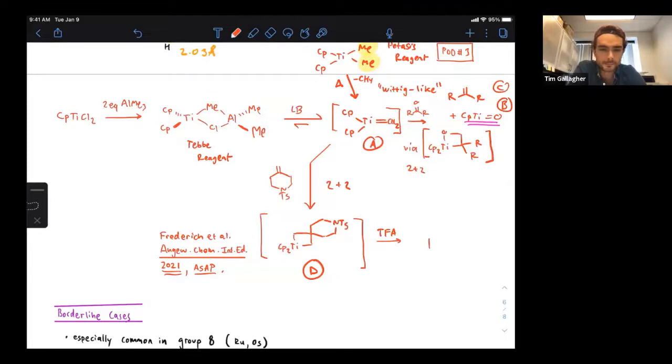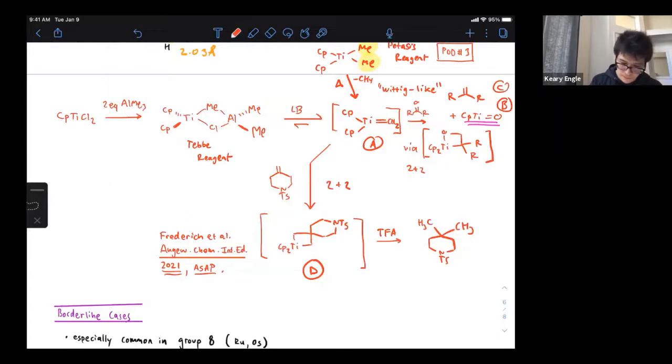Oh, would it just make the geminal dimethyl? Very good. So we have these two getting doubly protodemetalated. And then what would the byproduct be, Tim? The metal-containing byproduct.